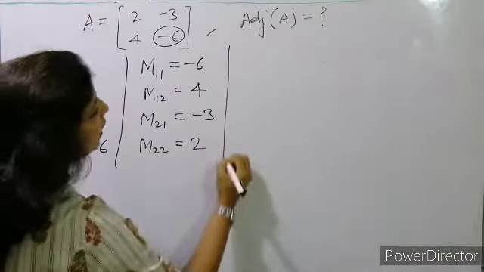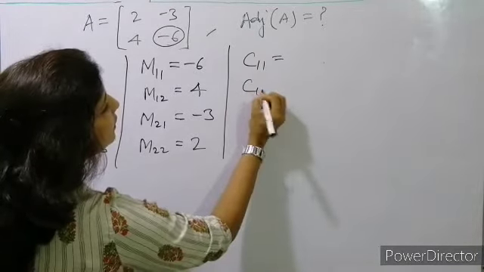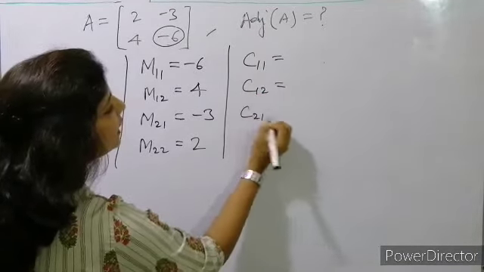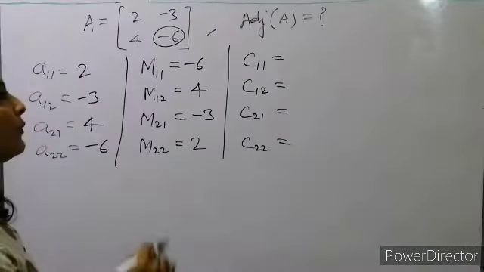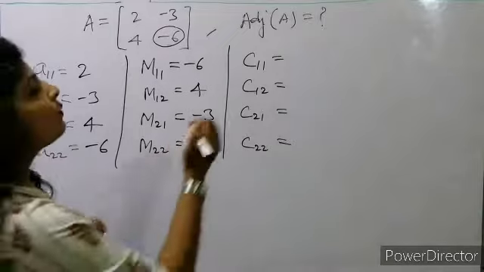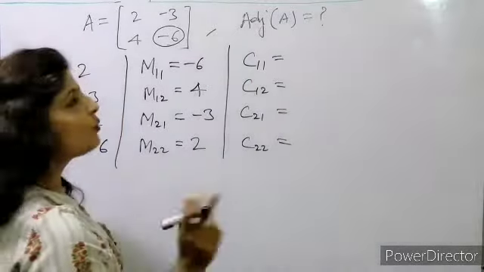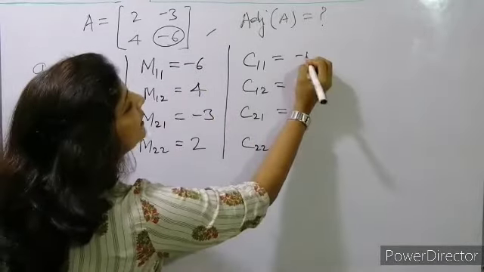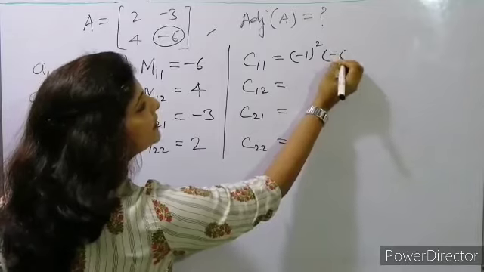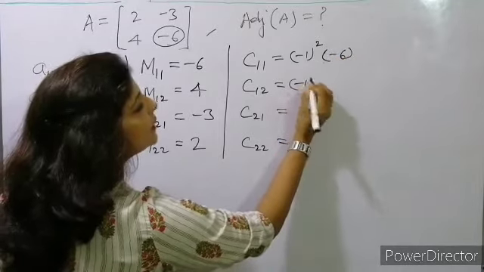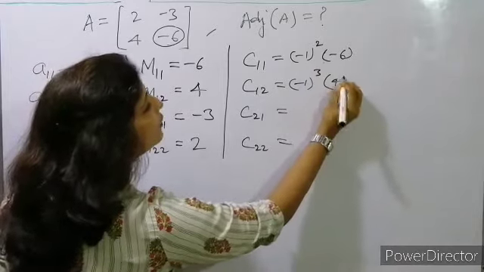Okay, now we'll write the cofactors C11, C12, C21 and C22. Okay, what we have to write, we have to just put the sign. So minus 1 का पावर 1 plus 1, that is 2, तो पॉजिटिव वैल्यू होगा. So -1 power 1 + 1, 2, into -6. -1 का पावर 1 + 2, 3, into 4.